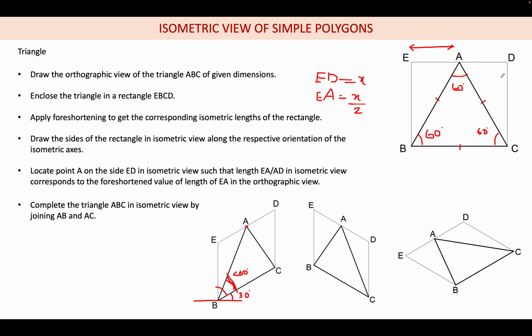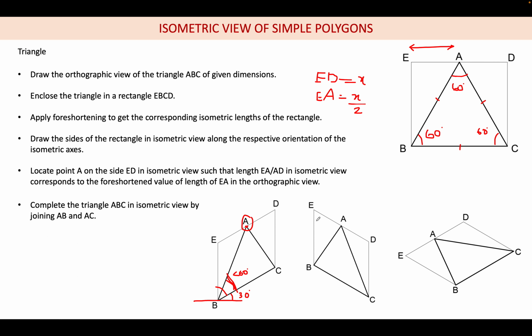So because of that, first we are locating the point A. Here it was simple because A is located at the midpoint of ED. So whatever the projected value of ED, if it is X in the orthographic, it will be X into 0.816 in the isometric, and here we are locating the midpoint. After locating the midpoint, we are drawing two lines to connect to B and C, and our triangle is ready.